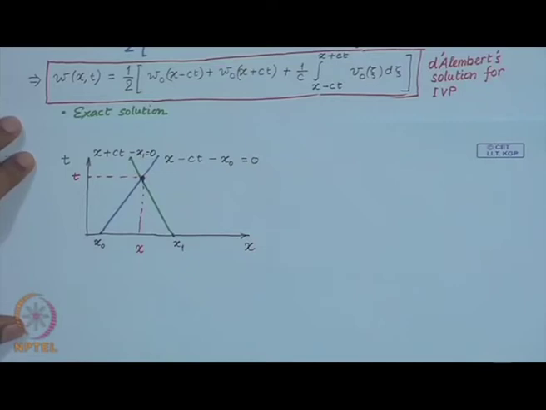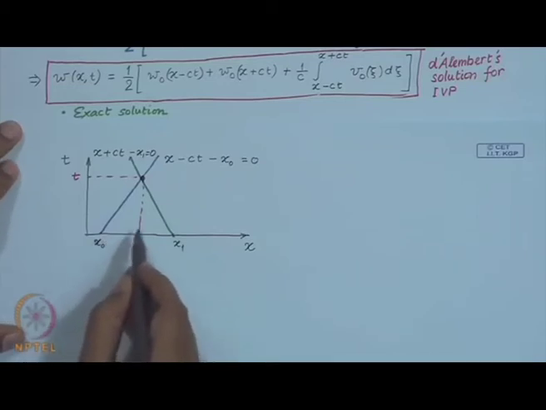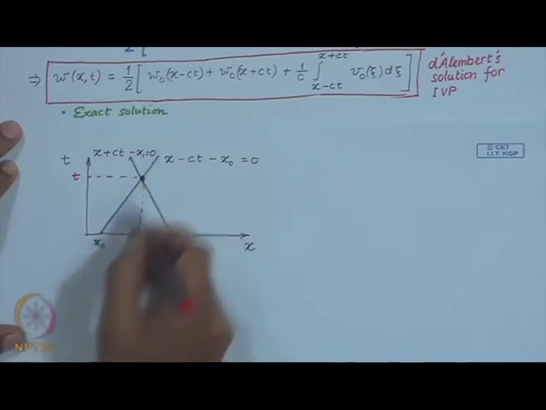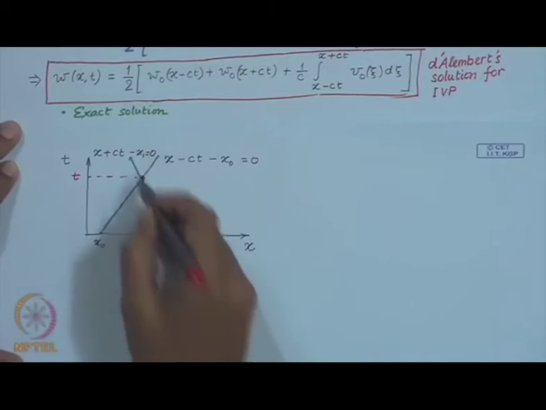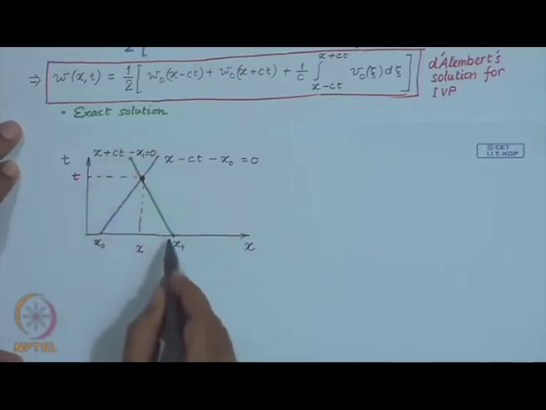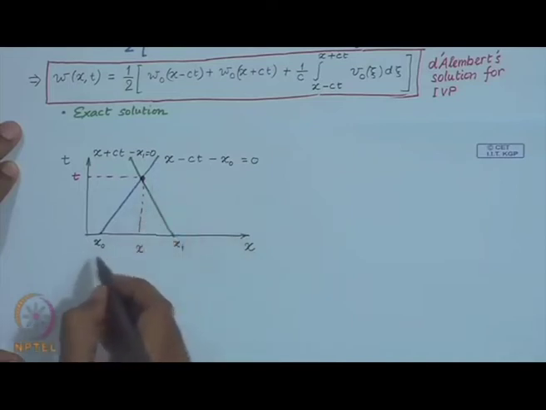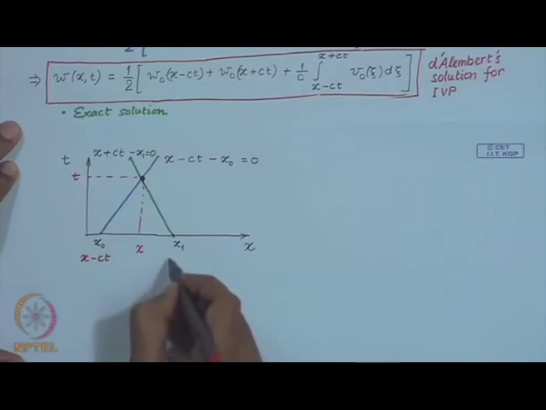So this x 0 point is nothing but x minus c t. The slope of this line is plus c and the slope of this line is minus c. So, this x 0 is actually x minus c t and this is x plus c t.